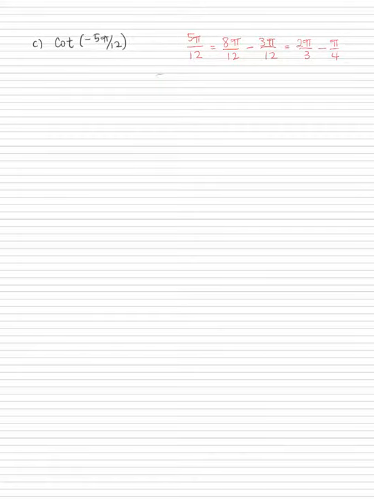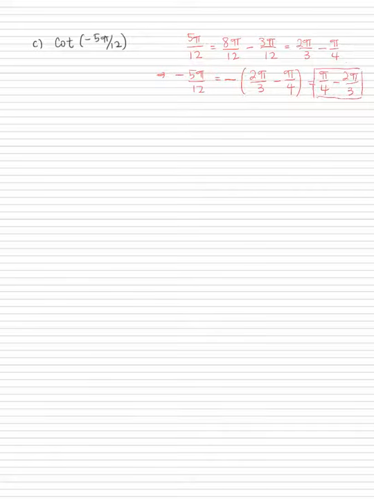Okay, so that implies that negative 5 pi over 12 is the same thing as negative of 2 pi over 3 minus pi over 4. This is just one way to do it. So it looks like what we're going to get is, let me just rewrite the positive one first, pi over 4 and then minus 2 pi over 3. So this is how I broke it down.